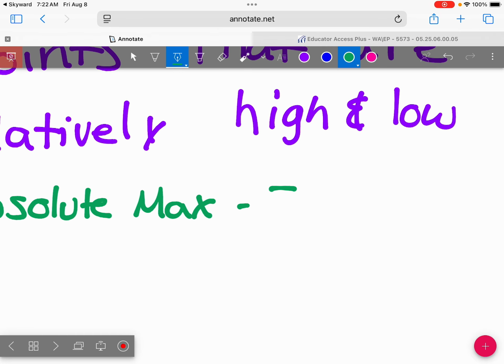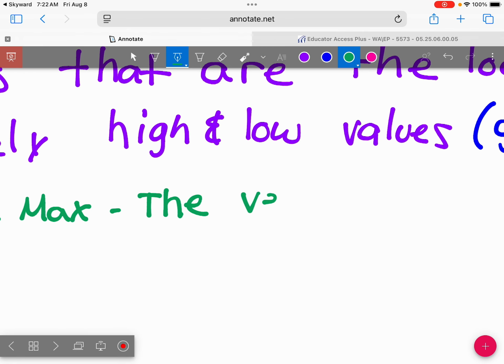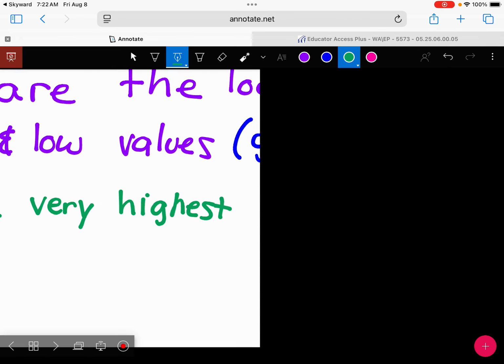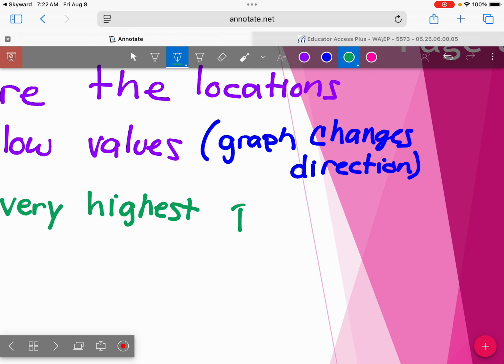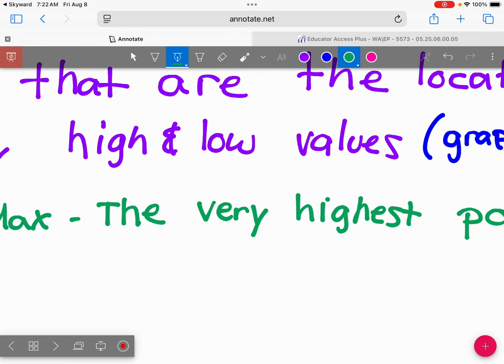So our absolute max is the very highest point on a graph. Like the ever highest, the tippy top it ever goes is the absolute maximum.